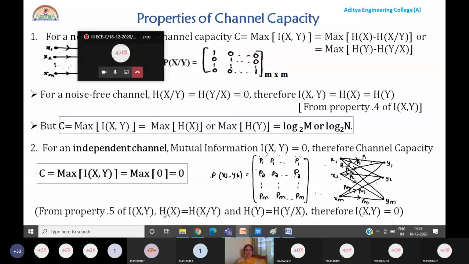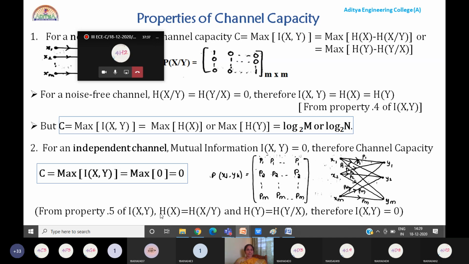This is because the P of xj matrix is equal to the P of xj by yk matrix, and P of yk is equal to P of yk by xj, by using the Bayes theorem and the joint probability relation P of xj into P of yk.